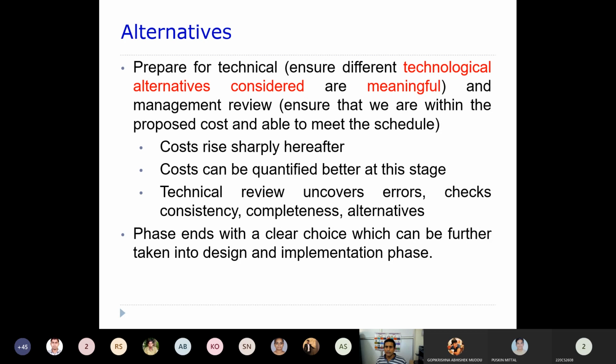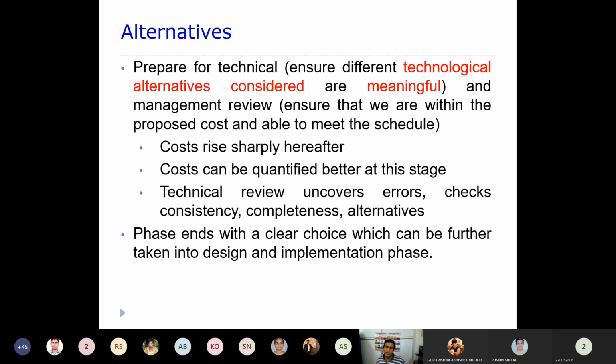Okay, so technical review uncovers errors, checks consistency, completeness, alternatives also. So when you're going through all these technical reviews, that means whether these technological alternatives are very meaningful or not. Usually when going through these things, we try to detect some sort of errors also, right?